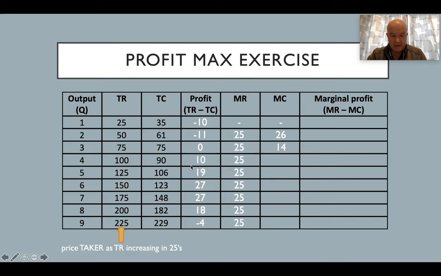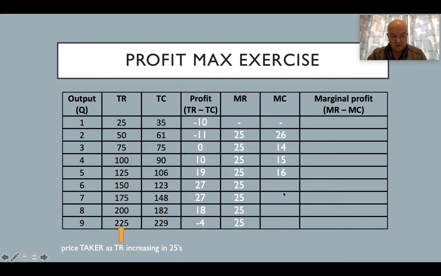Next scenario here then, where effectively we've got total cost at 61 for 2 units, 75 for 3 units. So our marginal cost is at 14. At 4 units, the difference is 15, so marginal cost goes from 75 to 90, so in that case it's 15.